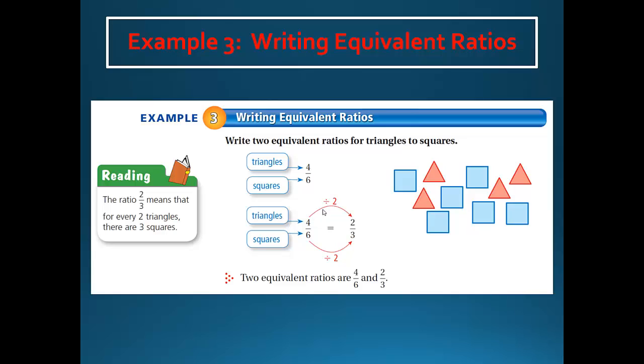When we divide 4 by 2, we get 2, and when we divide 6 by 2, we get 3. So our ratio is 2 to 3. So two equivalent ratios are 4 to 6 and 2 to 3. If you look at the reading box, it says the ratio 2 to 3 means that for every 2 triangles, there are 3 squares.